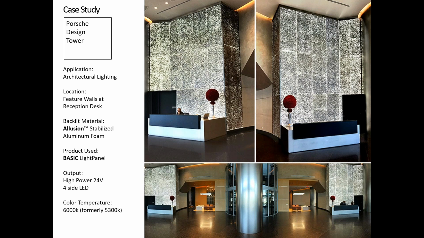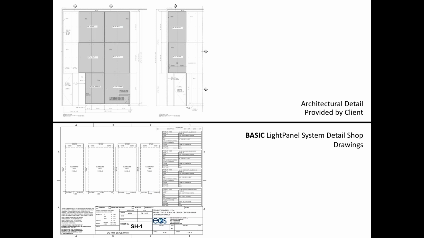We used our frame light panel. We used it in a 6,000 Kelvin white color temperature. So just a nice crisp white light, and it just turned out awesome. Here you can see the architectural plans. So we take the CAD files, we break those into appropriate panel sizes.